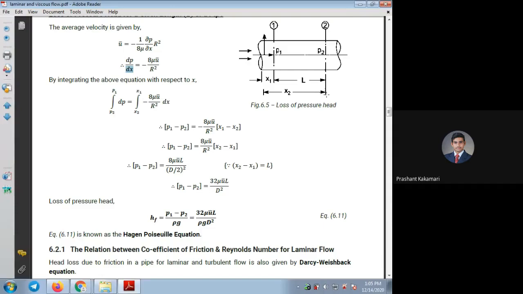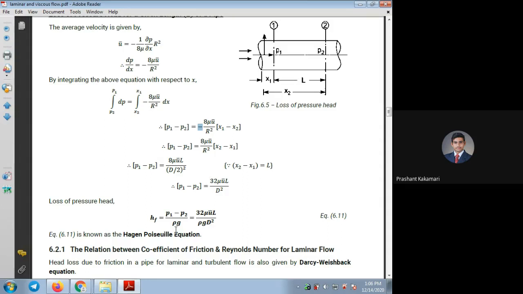What is x2? X2 is this point, x1 is this point. Once you take the difference, x2 minus x1 is L. So they have rearranged the term here. After rearranging, the minus in front of 8 mu u bar over r square is replaced by taking x2 minus x1.